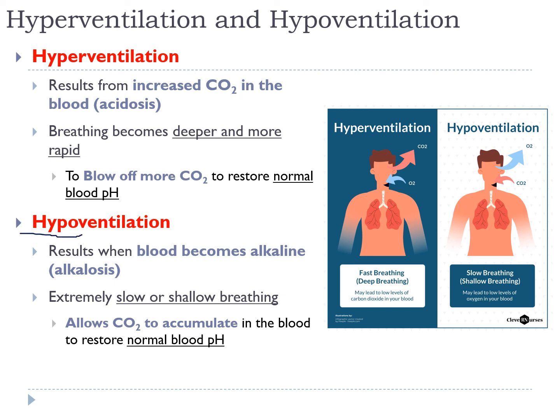Hypo means not enough. So if you don't have enough CO2 in your blood, it becomes alkalotic, or suffers from alkalosis, a state where the pH is out of balance, but in the opposite direction. And that's also not good.